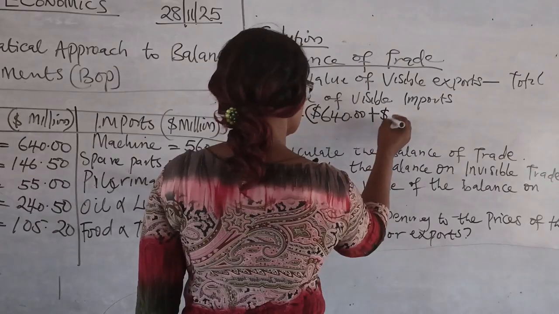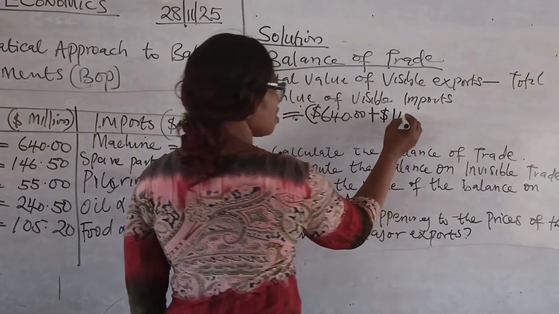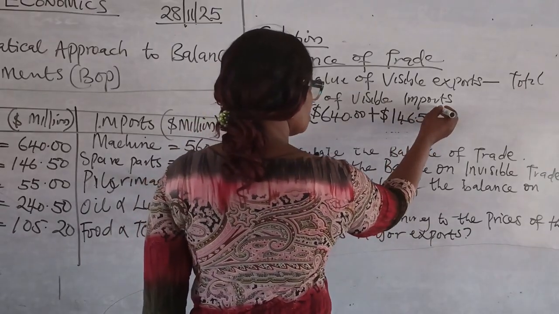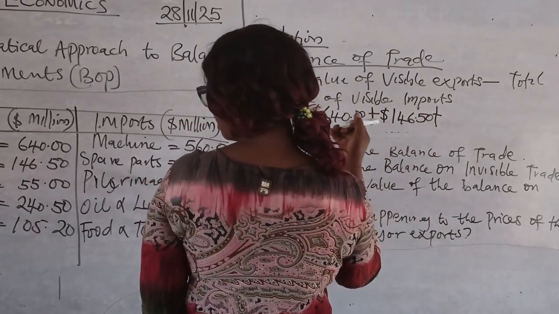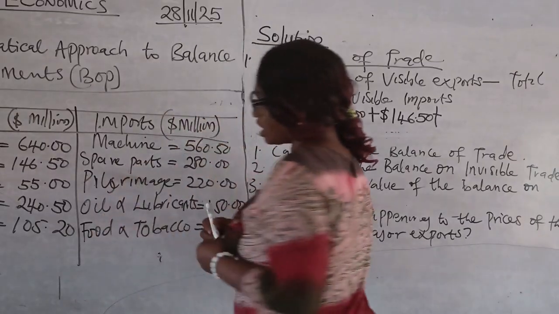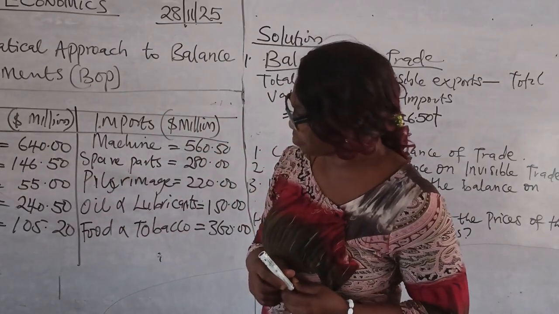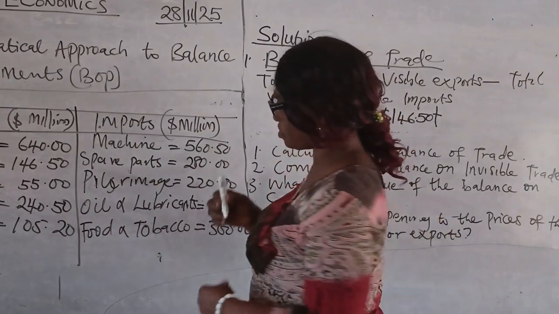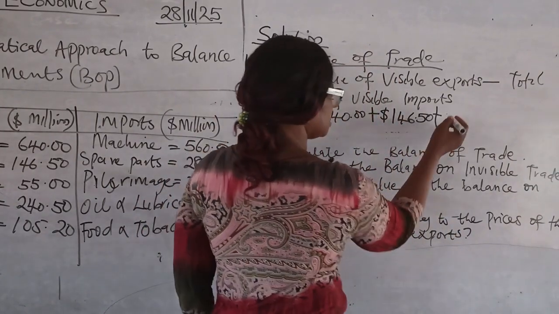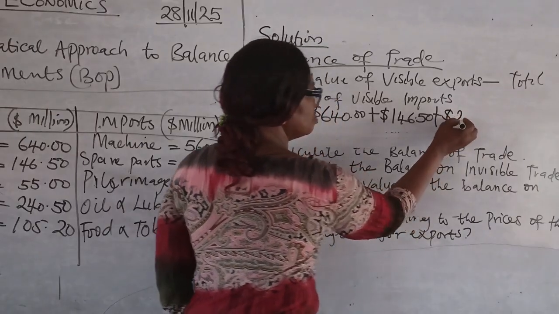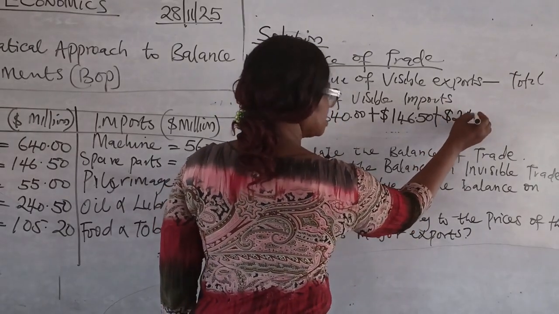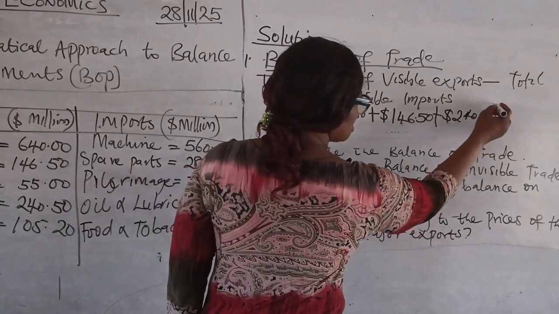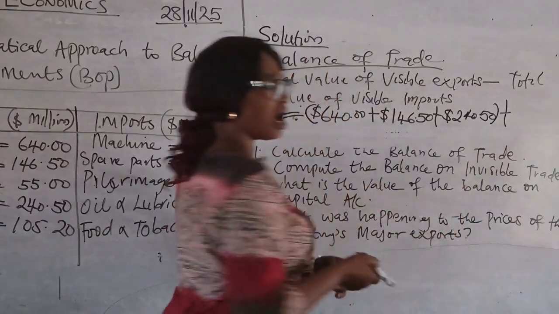Our timber is $146.5 million. Plus, what again that is visible? We have cocoa. Cocoa is visible, and cocoa is $240.5 million.